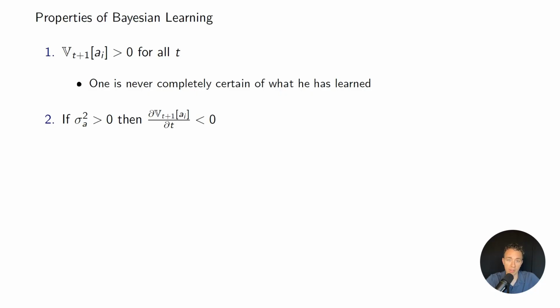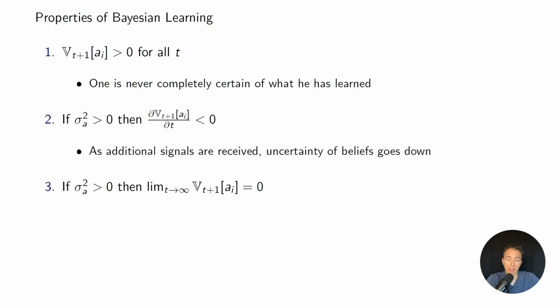In particular, it's never going to reach 0 because of point 1, but as I accumulate more signals, I'm going to become more and more certain of my value. And as I get an infinite number of signals, my certainty is going to converge to 0. It's never going to get there in a finite sequence of time because of point 1. But if I could have an infinite number of signals, the variance would eventually go to exactly 0.